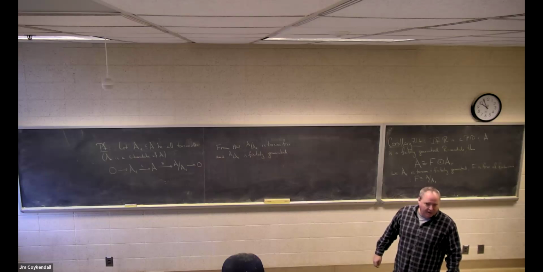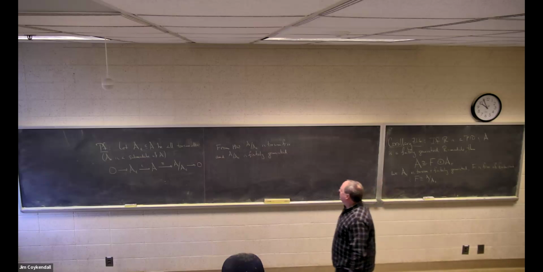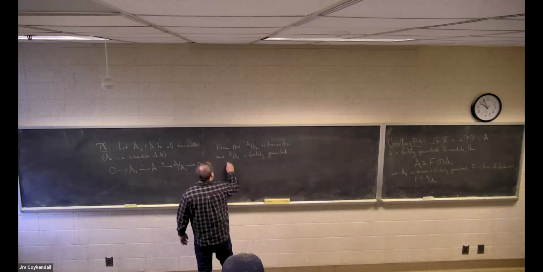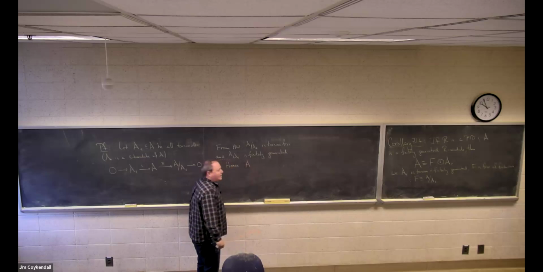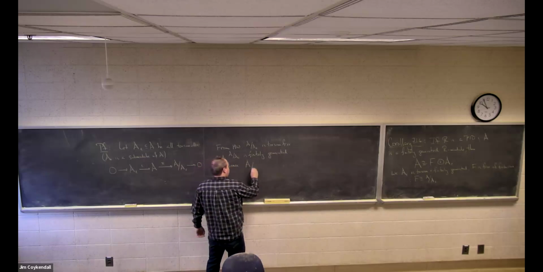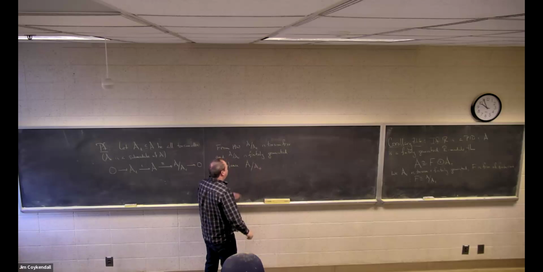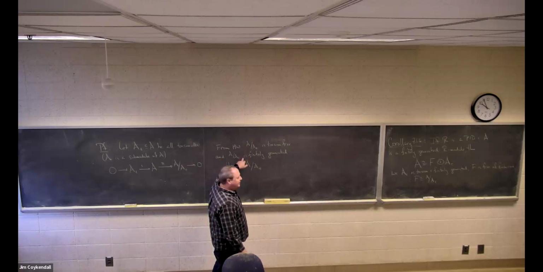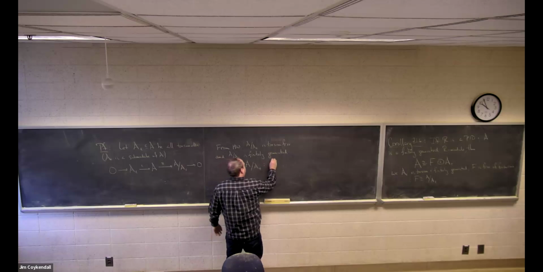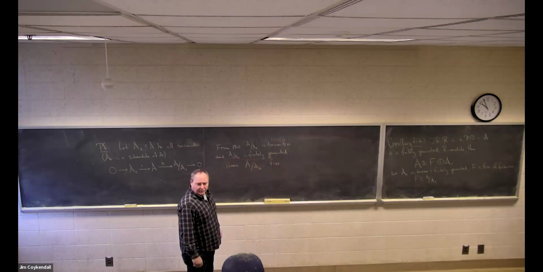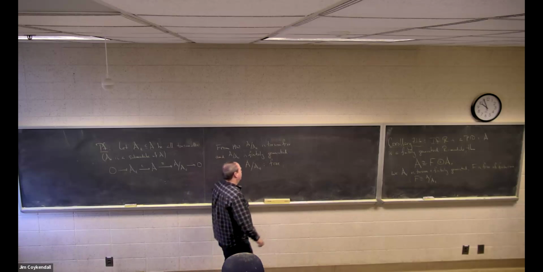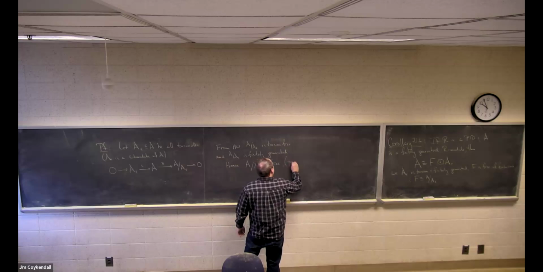Everybody okay with that? So what do we know from the previous result? A mod A-torsion is torsion free, finitely generated. So it's free. That's what the previous result says. Everybody agree with that? And any free module is projective.